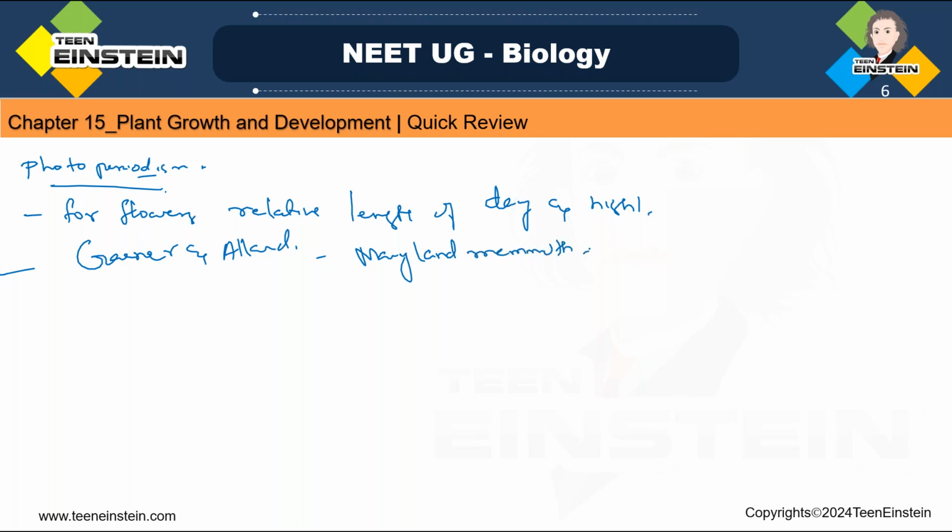And every plant has a specific critical period of light duration which is needed for flowering. Every plant is having that. So we can classify the plants as short day plants, long day plants, day neutral plants, short-long day plants, long-short day plants. Like that, we can classify the plants.